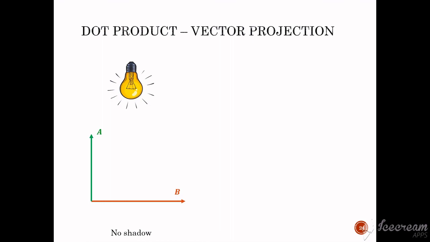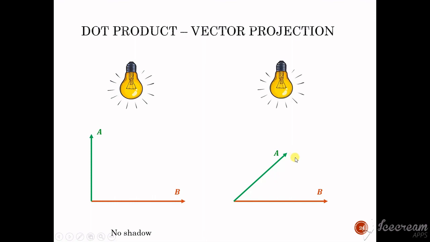Okay, so we'll see another example. This time we have the same vector B, but vector A is slightly angled like this. Then I'll put the same light bulb to it. Due to the light from the light bulb, you can see along this line there will be a shadow.